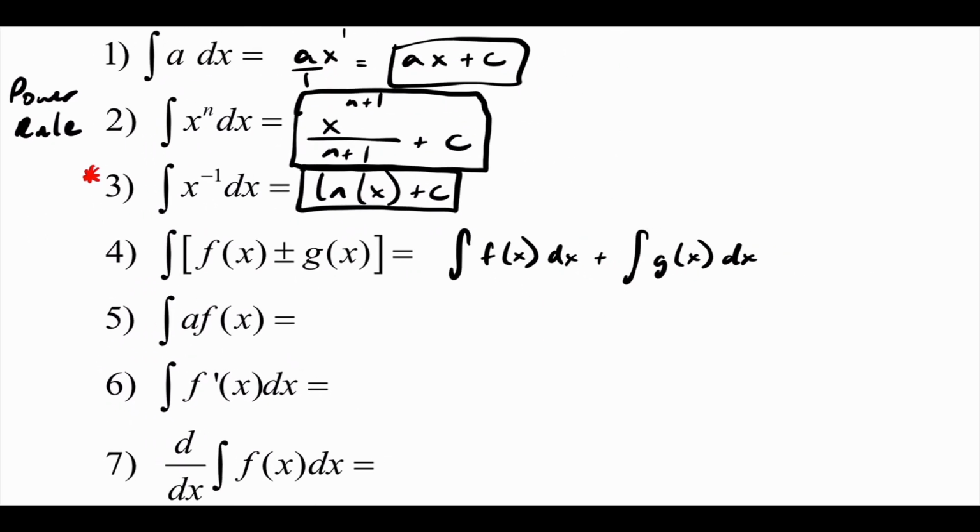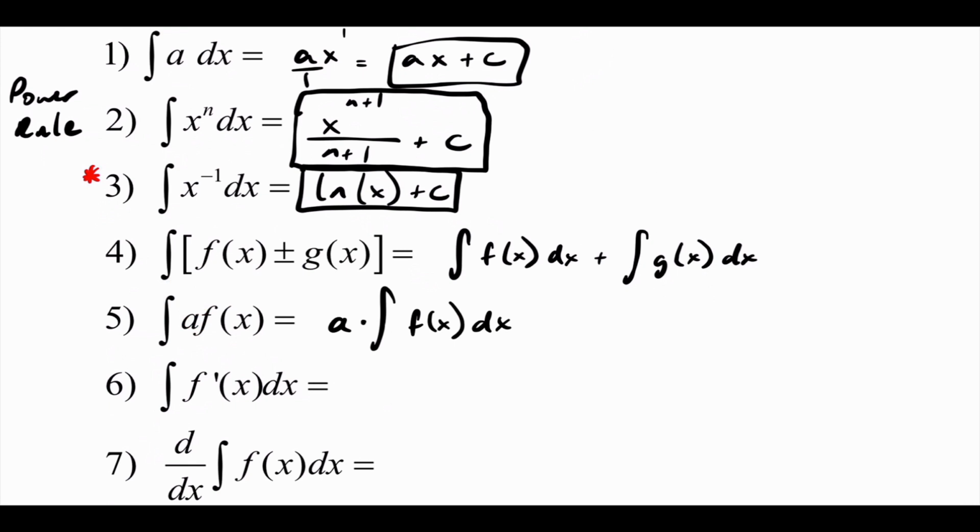So now we have a constant before the function. Well, just like with derivatives, you can move it to the front and then do the antiderivative. So whatever a is times the antiderivative, as long as it doesn't have a variable, you can move it to the front.